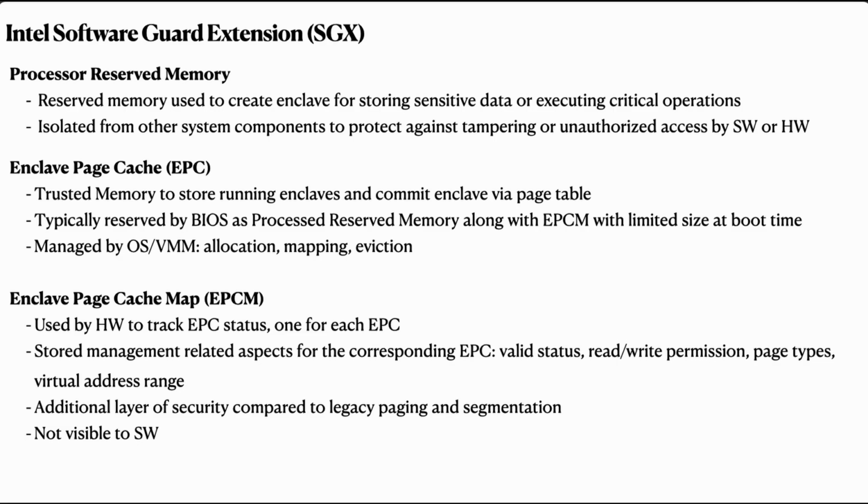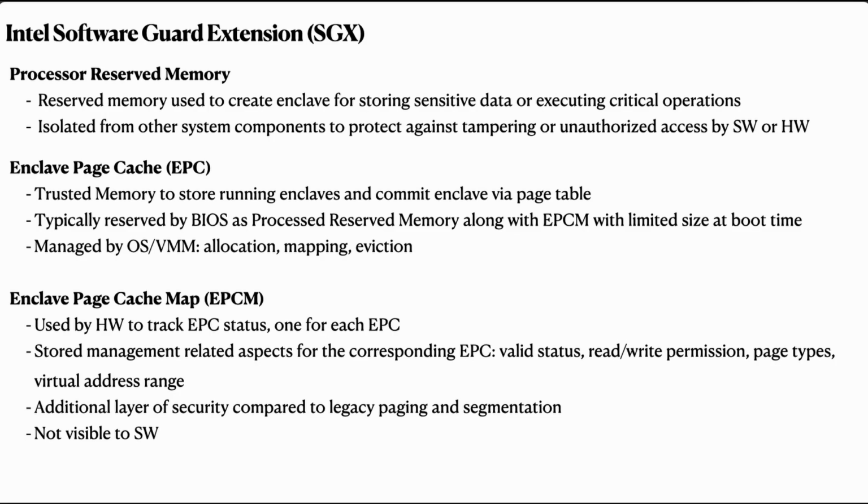The enclave page cache map, or EPCM, is a hardware-managed mechanism that monitors the status of each enclave page cache. It stores management-related information for the corresponding EPC, such as valid-invalid status, read, write and execute permissions, page type, and the virtual address range through which the EPC can be accessed.